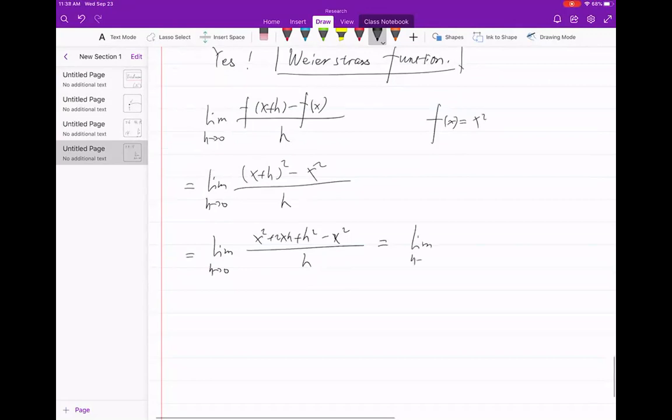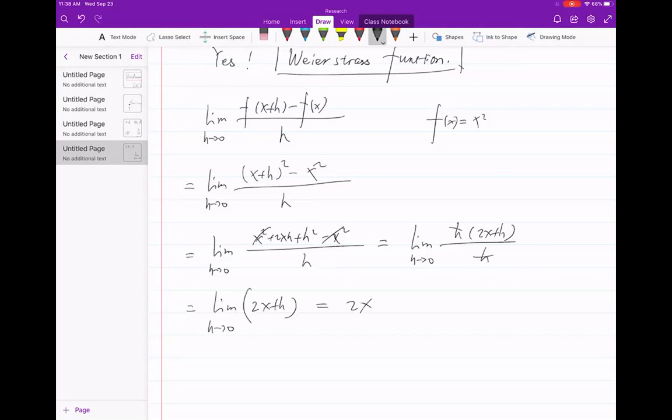It matches with the experiment. So there is all this evidence showing that this is true. And everybody in our class knows now this is 2x. That's how we show the derivative of x squared is 2x.